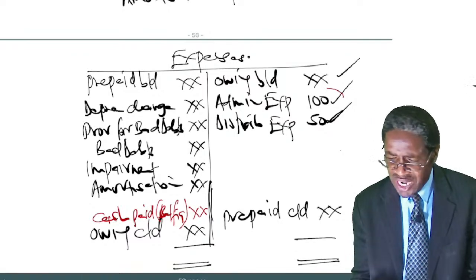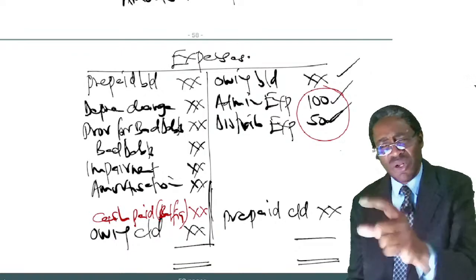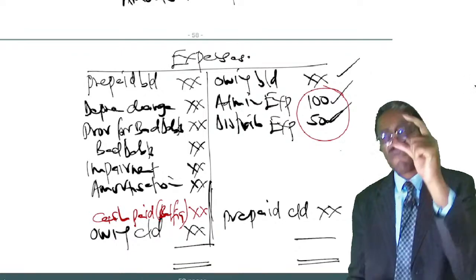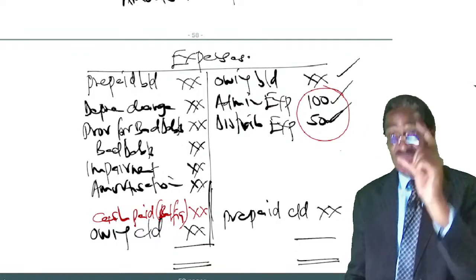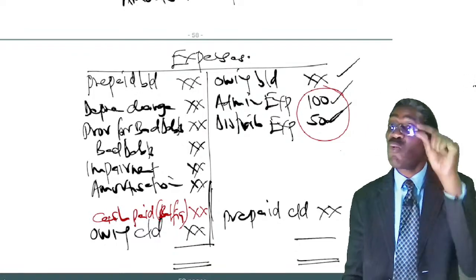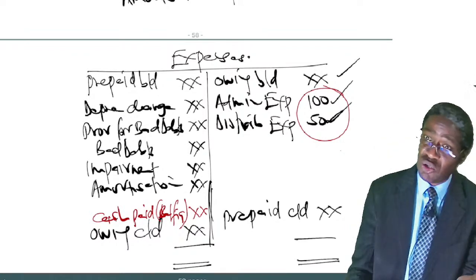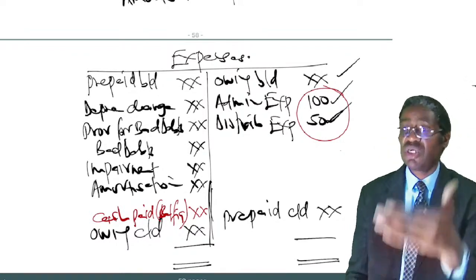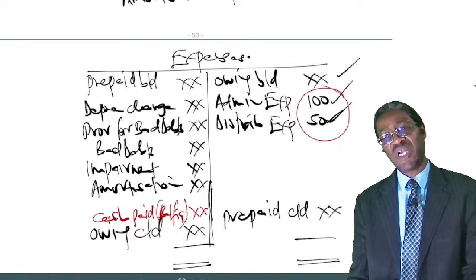I'm looking for the cash paid for these two services rendered. Is that loss on disposal affecting what I'm looking for? The answer is yes, because they are within one of them. If it's a loss on disposal of motor vehicle, it's within the distribution. If it's a loss on disposal of office equipment, it is within the admin.